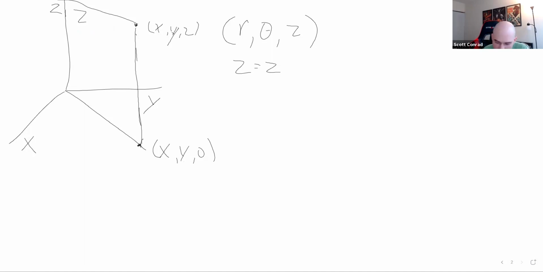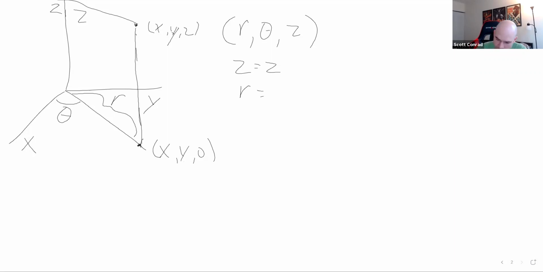Project your point down to the xy plane, and r and theta are the same as they are in polar. Theta is the angle measured counterclockwise from the positive x-axis. And r is the distance of the projection to the origin.